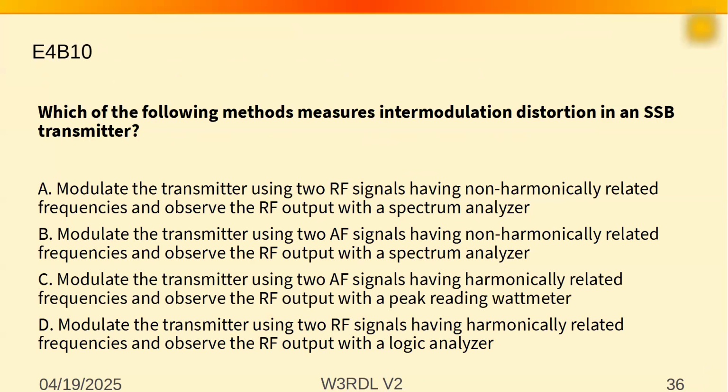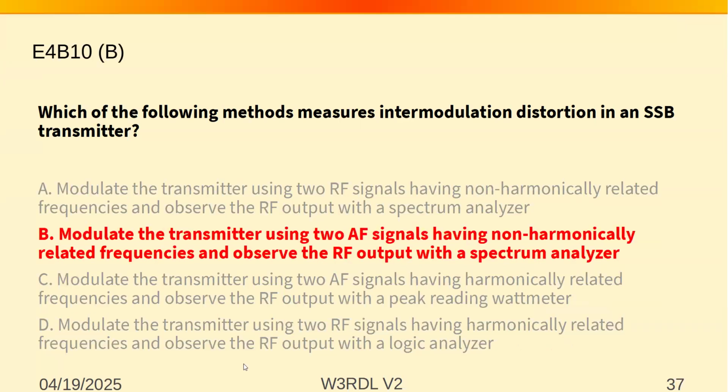Which of the following methods measures intermodulation distortion in an SSB transmitter? Pretty much got to be alpha or Bravo. Bravo.